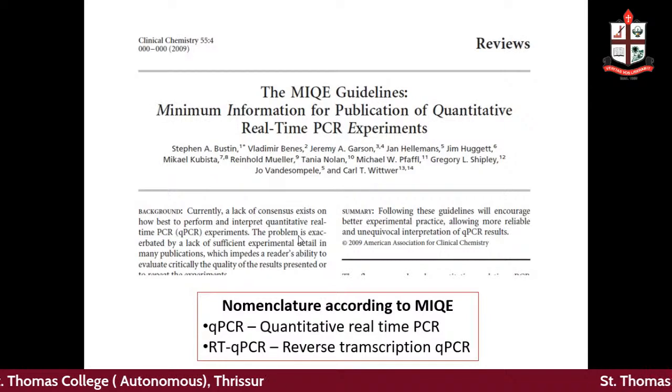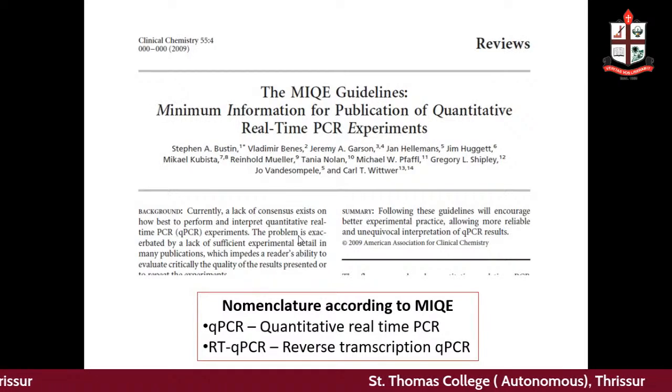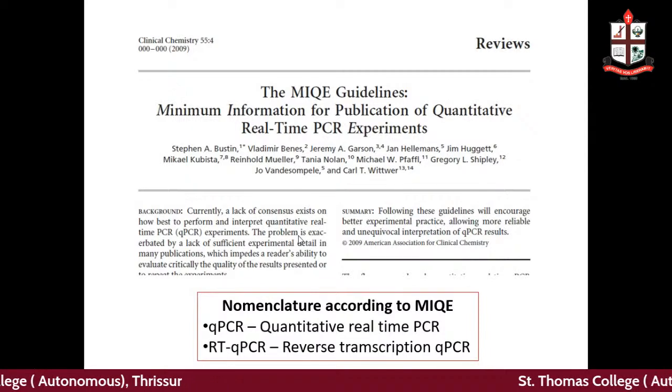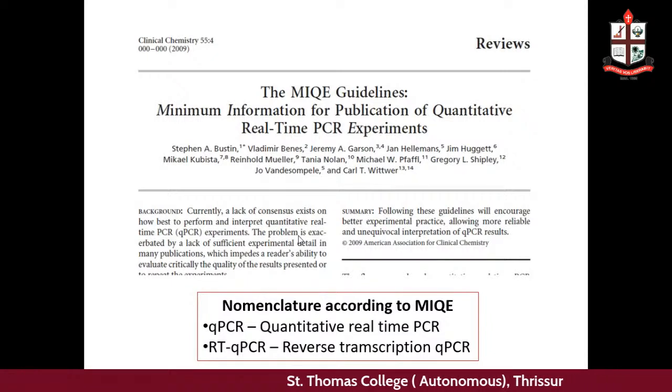So this paper explains what all checks and what all analysis you have to do when you do a real-time PCR, so that the result that you got will be accurate. It will be perfect.